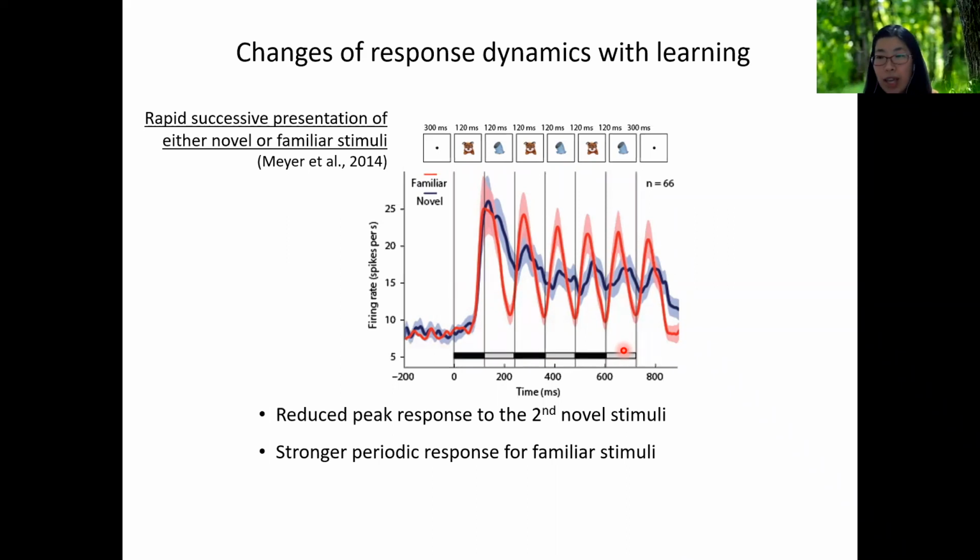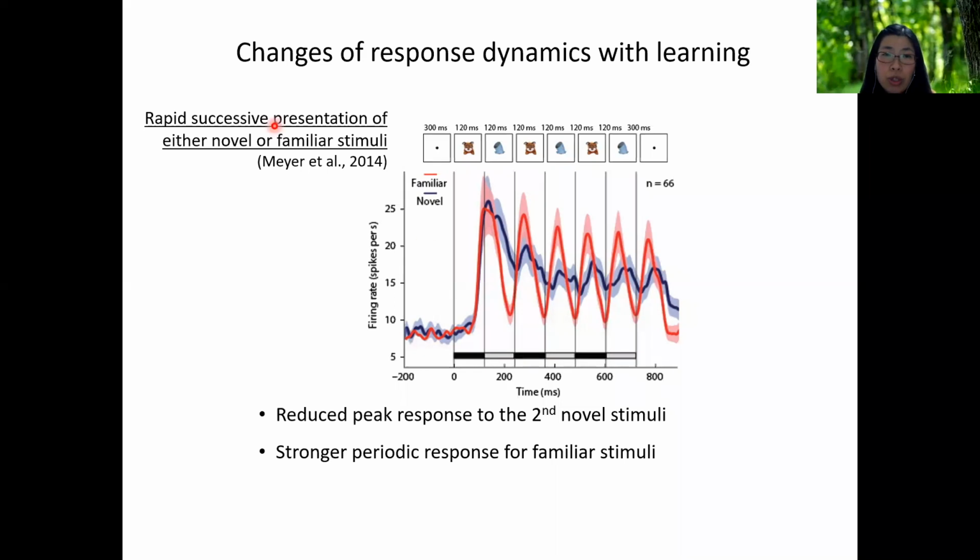Because we have experienced that among familiar stimuli, we can detect the peculiar stimulus very quickly, but among novel stimuli, it takes longer to detect. So we are able to process the familiar stimuli more quickly.